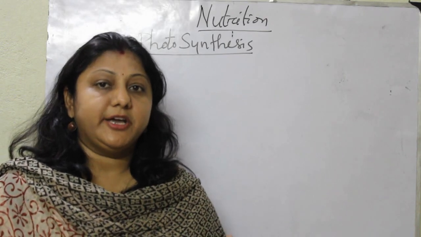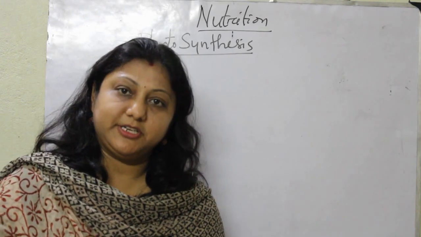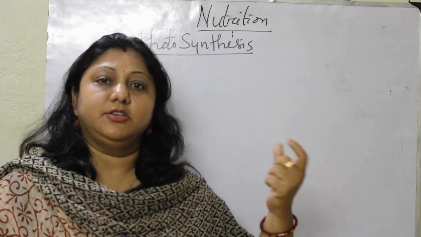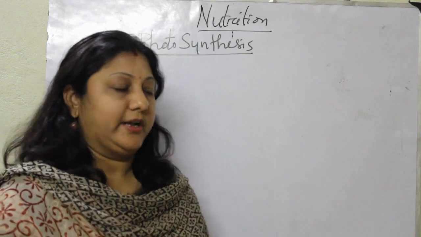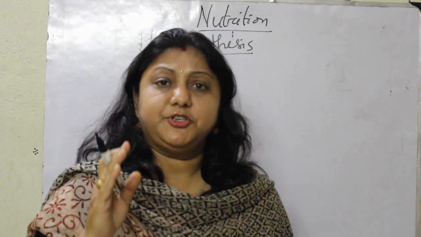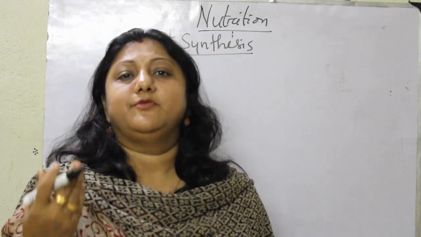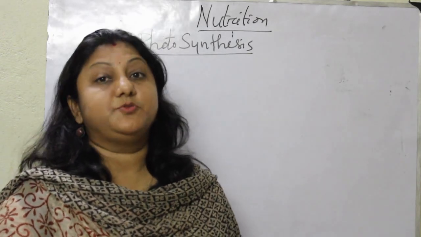Now, we will be going into the raw materials in detail, what the raw materials are and how they are utilized for the synthesis of food in the photosynthetic organisms. For this, we should understand the equation of photosynthesis. Now what are the raw materials which are used?